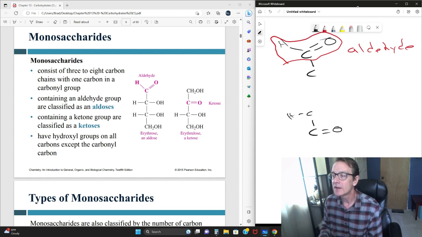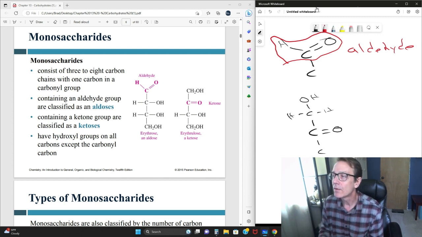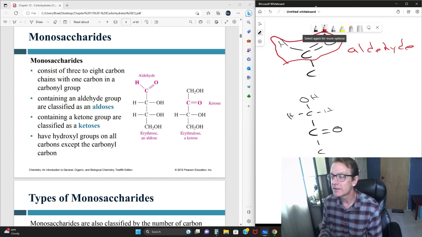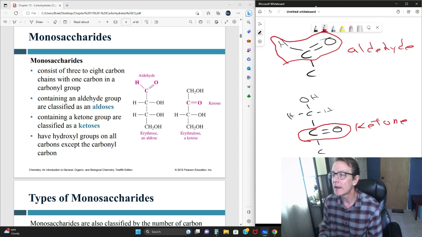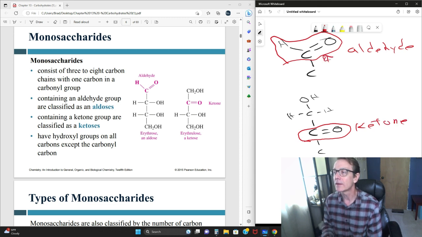CH2OH, the ketone, and then we have chains going down, dot, dot, dot, down the page in that case. So what we're looking for to identify a ketone, again, we have that double bond, but that is not at the terminal end like we have here with the aldehyde.